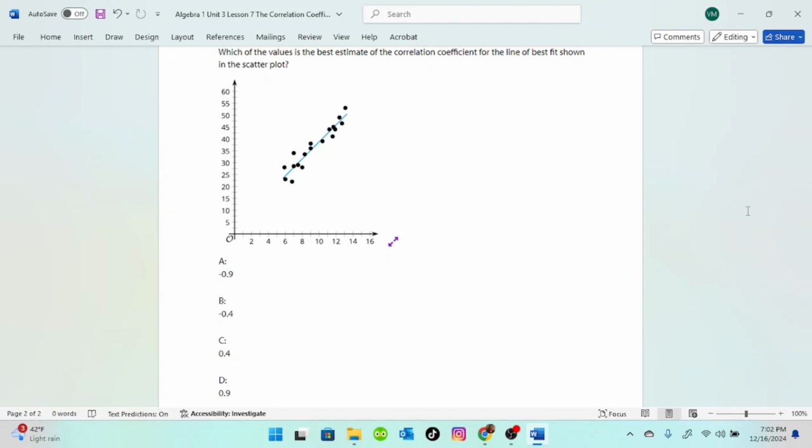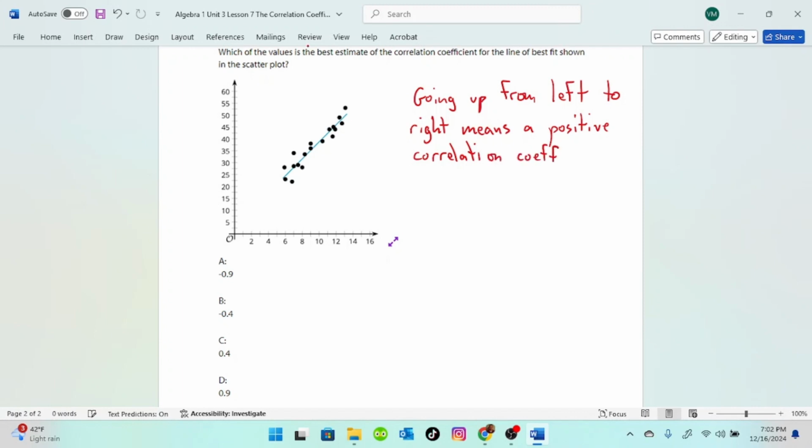So the first thing that we need to notice is this is going up from left to right, which means a positive correlation coefficient.